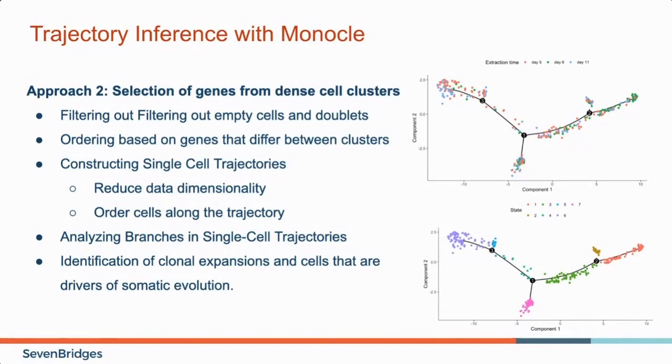On the bottom plot, you can see that Monocle splits this trajectory into states. So the additional analysis could be the identification of marker genes for each state that could represent a potential clonal expansion. Additionally, you could use the information about times when cells were collected to specifically track down cells that are at the origin of clonal expansions.